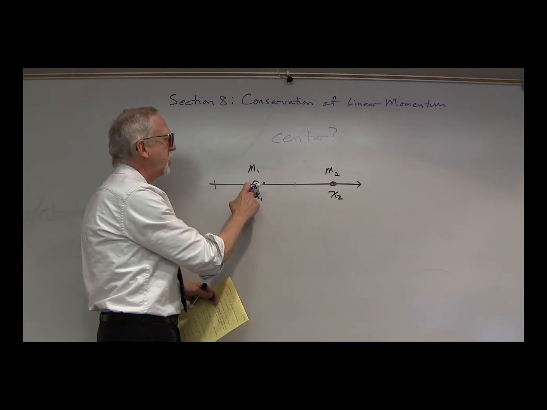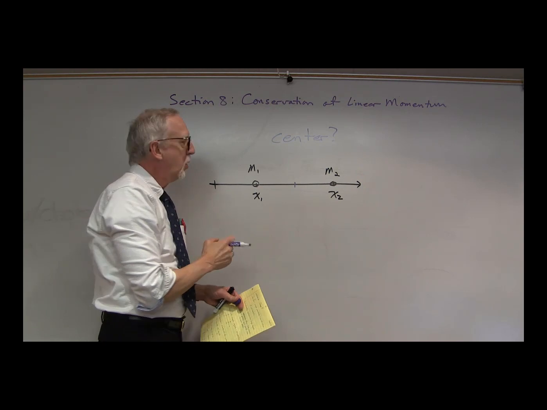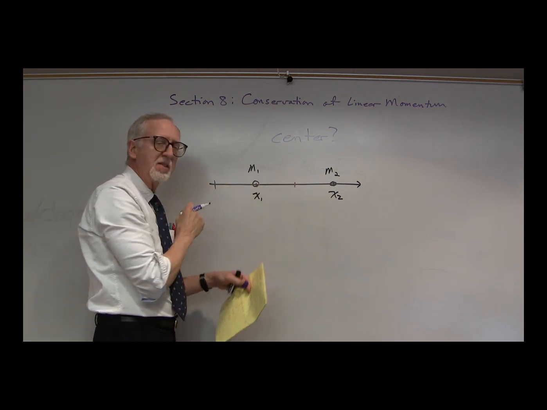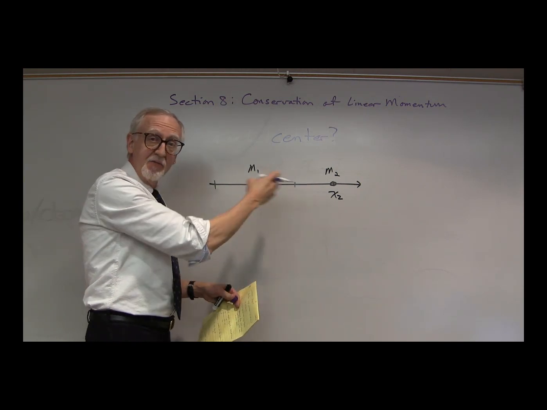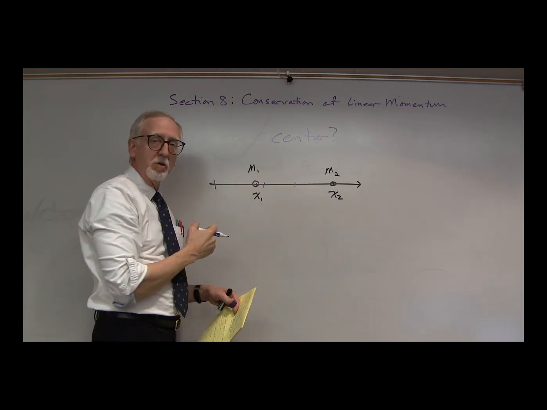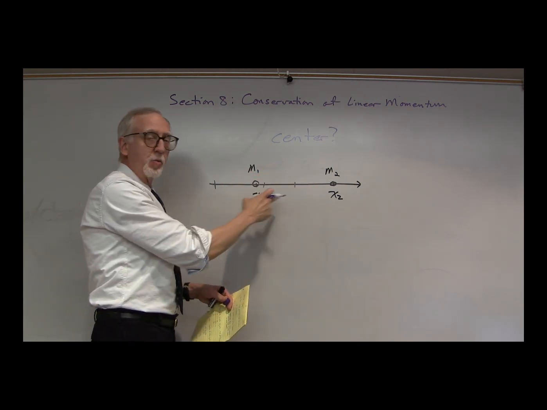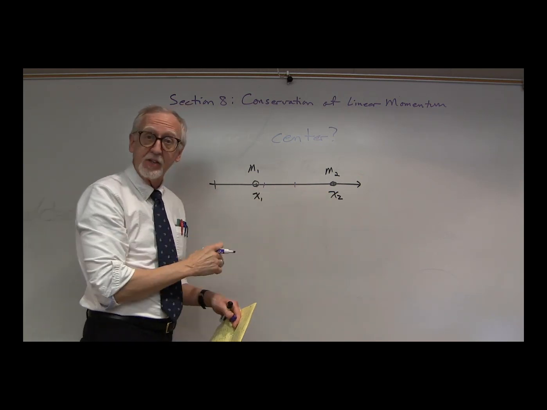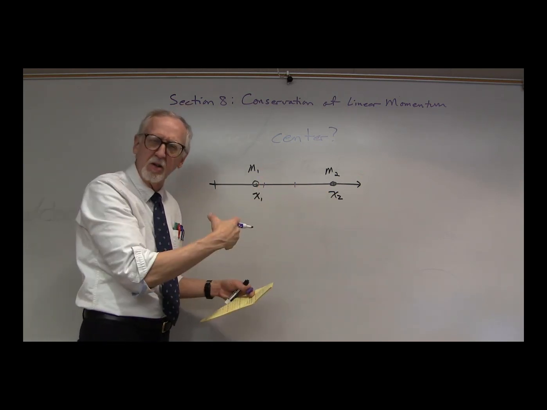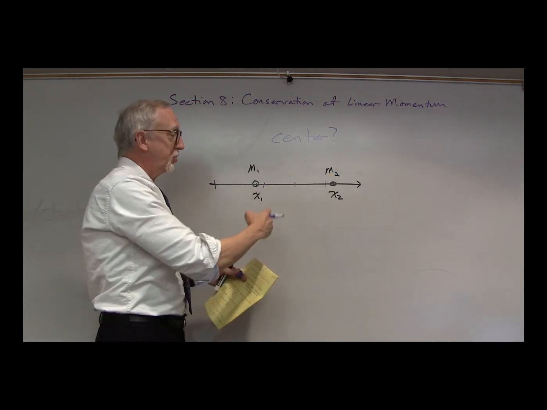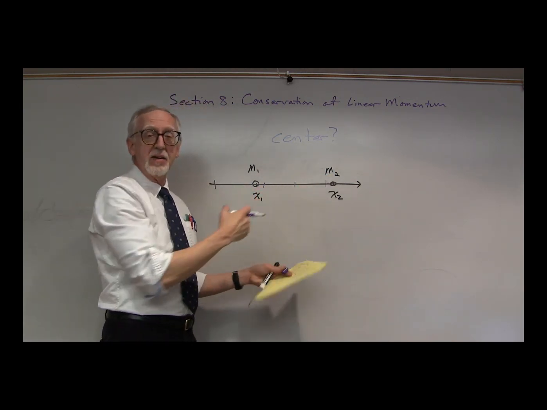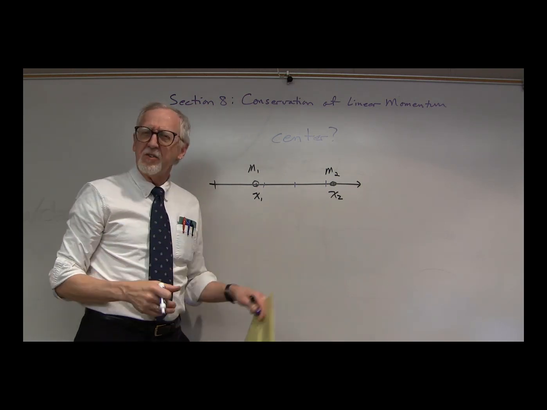If m1 were much larger than m2, we would imagine that pulls the center closer to m1, closer to x1 than it is to the value of x2. And if m2 was much larger than m1, we would expect the center to be somewhere over here, closer to the value of x2 than to x1. So how are we going to define this?